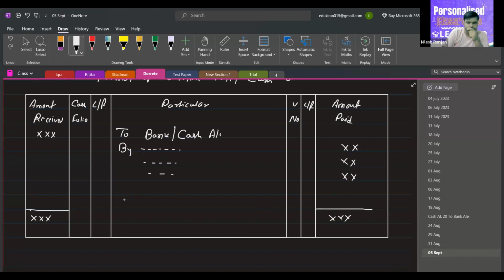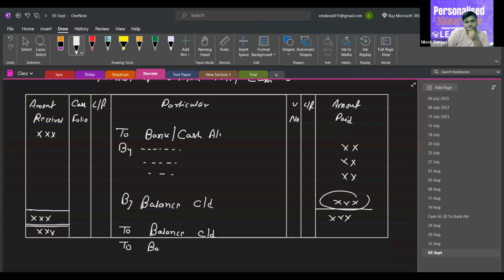So it will be written here as balance c/d. Again, on this side you will write balance b/d, the balance amount, and then the amount received from the accountant will be written here.